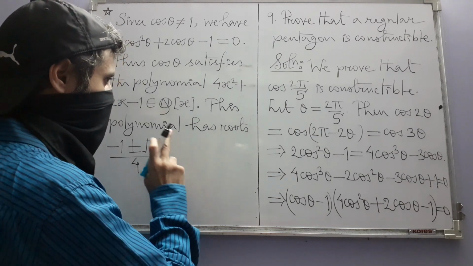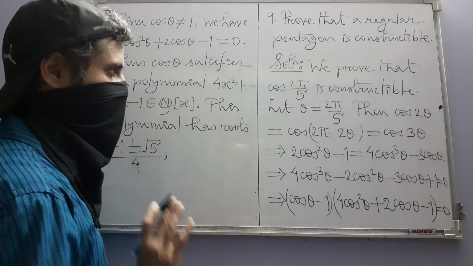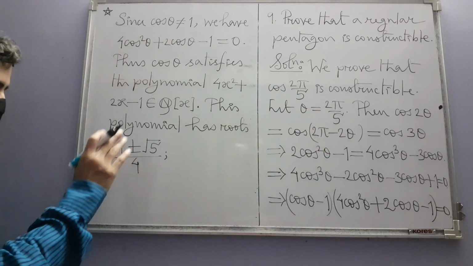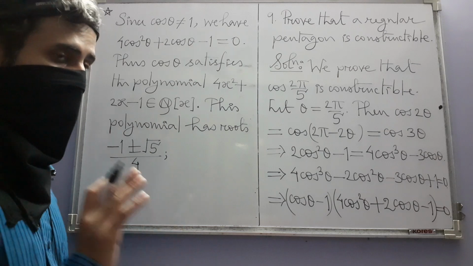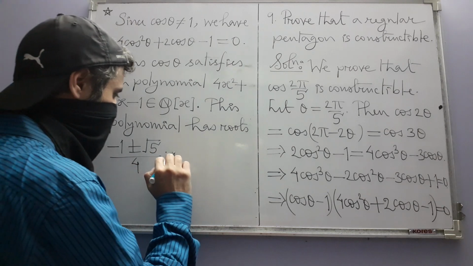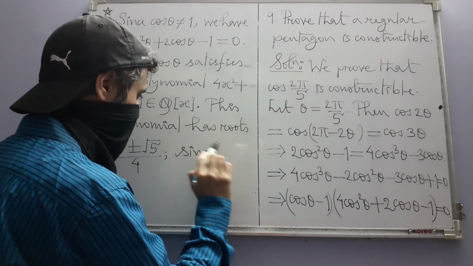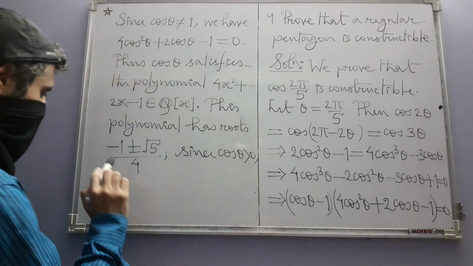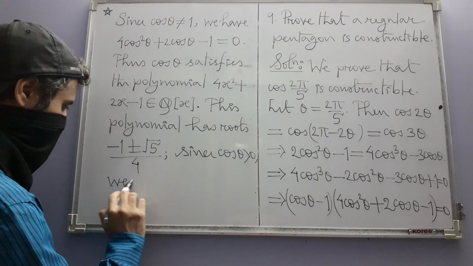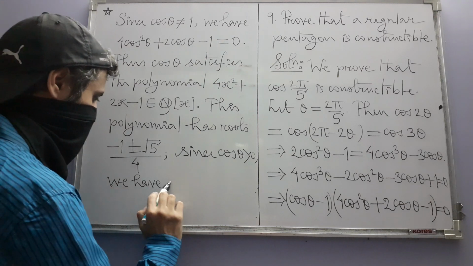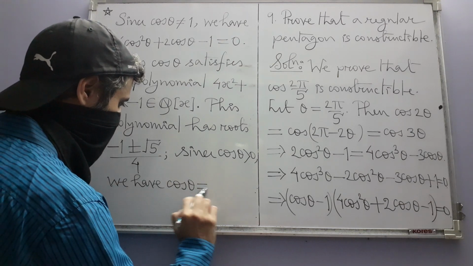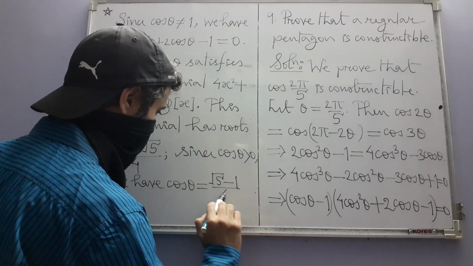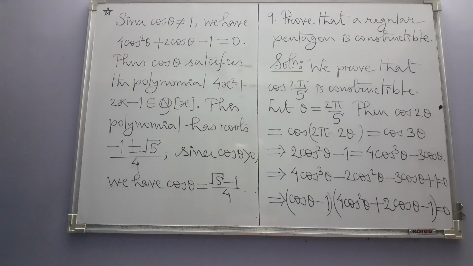However, cos theta has been proved to be a root, and theta is 2 pi over 5, and for that value cos theta is not negative. So since cos theta is positive, from all these things we must have cos theta equal to root 5 minus 1 over 4.